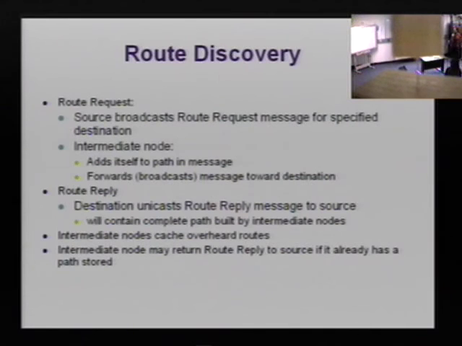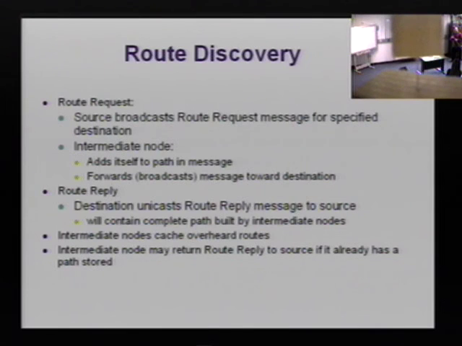Route discovery is basically flooding. Intermediate nodes add themselves to the path in the message and then broadcast the message toward the destination. And it repeats again. When the destination gets this, it unicasts, this is important, the route reply message to the source. In the IP header, actually, it will have the whole path.